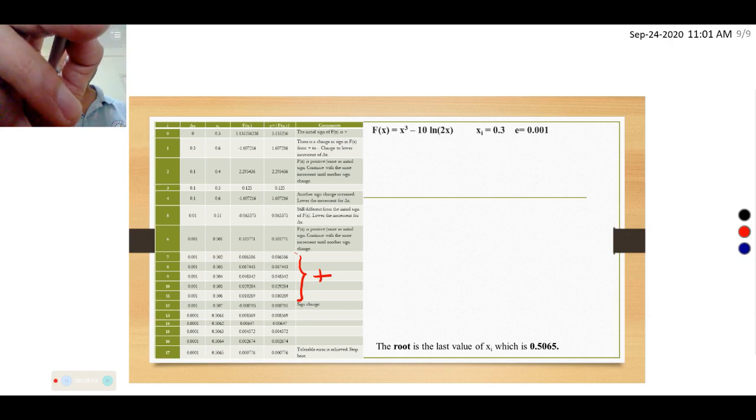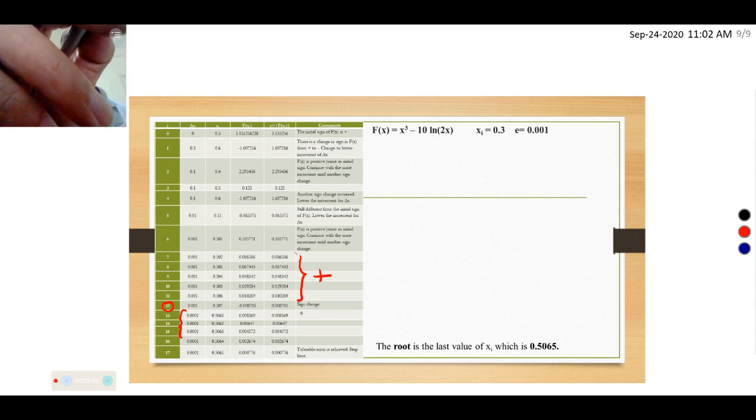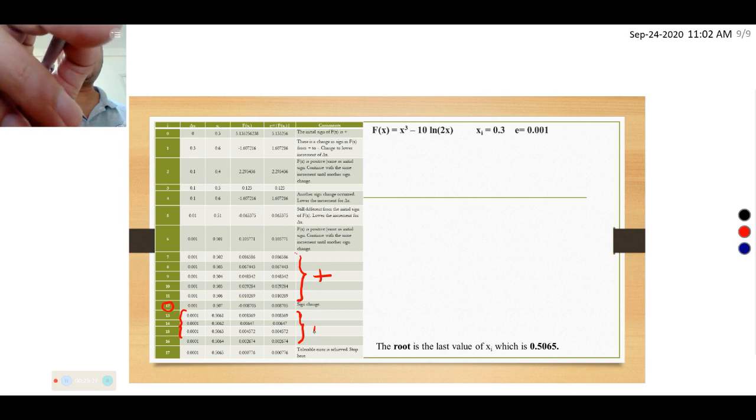Since there is a change in sign in iteration number 12, notice here that again the delta x is lowered into 0.001, and it gives us an answer of positive.